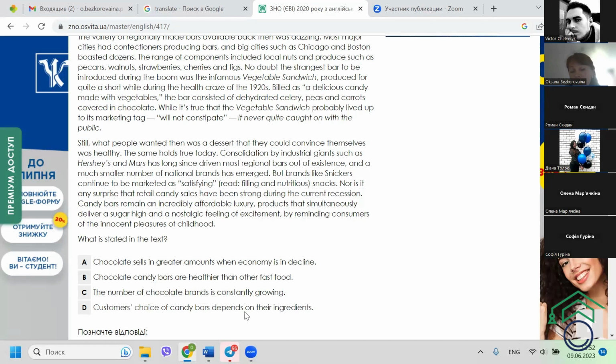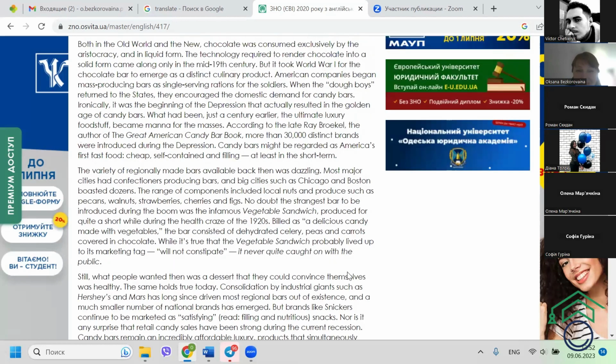Customers' choice of candy bars depends on their ingredients. Не знаю. Не було, здається. Так, а що тоді було?